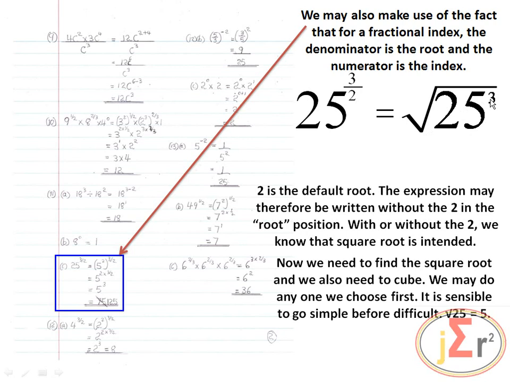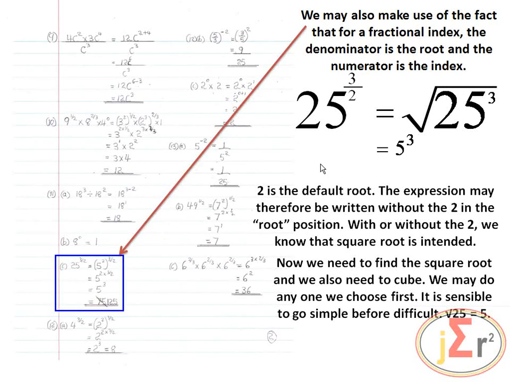Now if we cube 25, that will be 25 multiplied by 25 multiplied by 25, which is a considerably large number. But if we take the square root of 25 first, we will get 5, and we may cube 5 after, because we know the cube of 5 is 5 times 5 times 5, and that will give us 125.